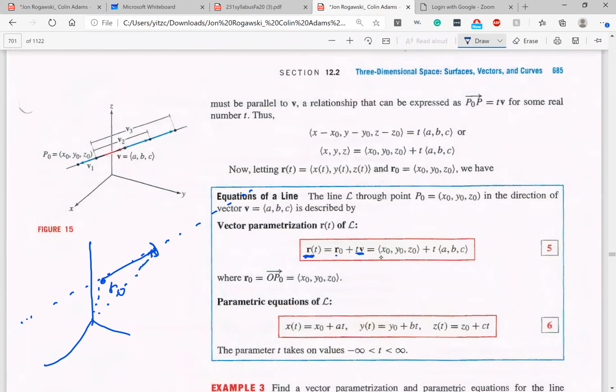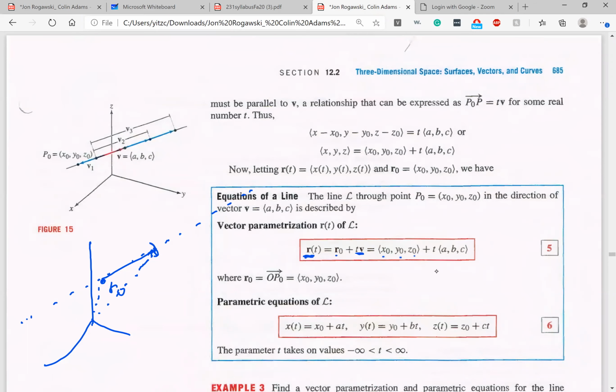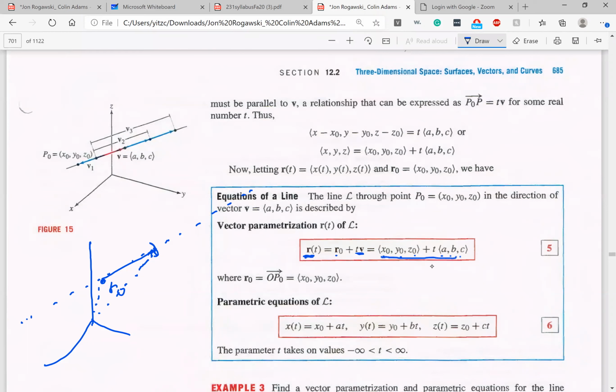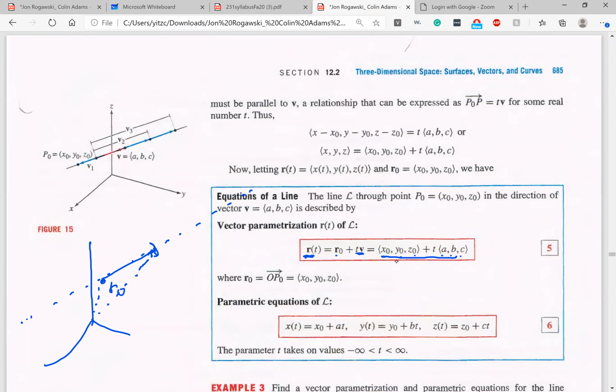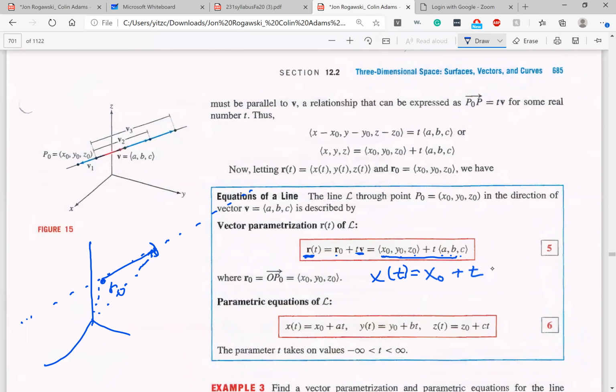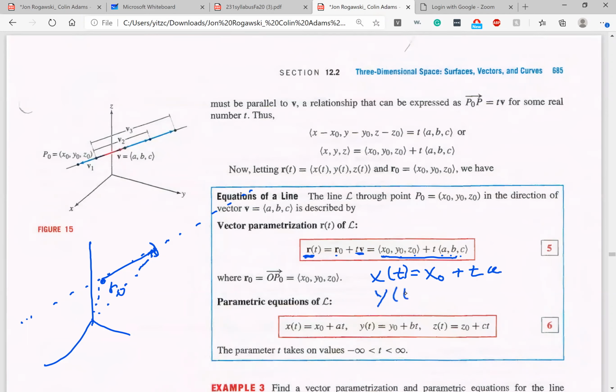Our r naught has x, y, and z coordinates, and our v has x, y, and z coordinates. So in general, we will get something like that. Or in other words, our x coordinate, x of t, is going to be equal to x naught plus ta. And our y of t is going to be equal to y naught plus tb.